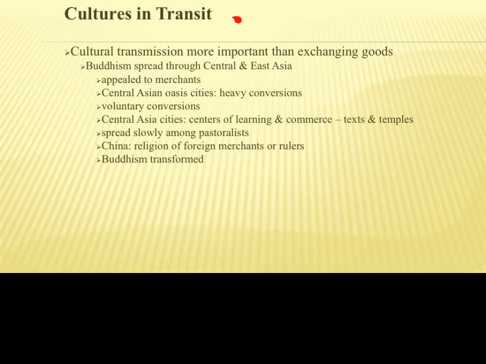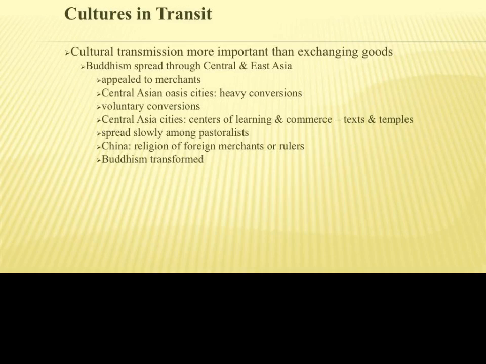Now we're looking at cultures in transit. The cultural transmission is considered more important than the exchange of goods, and that's because of all of the effects that those trade networks had. Buddhism, for example, spread along the Silk Roads through Central and East Asia.